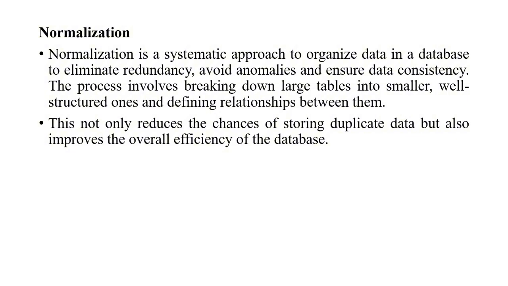The second concept is to reduce the chance of storing duplicate data. So not only to establish the relationship, but also, as I said earlier, it is necessary to eliminate the duplicate data and improve the overall efficiency in the database.